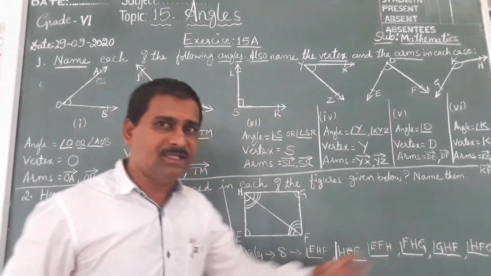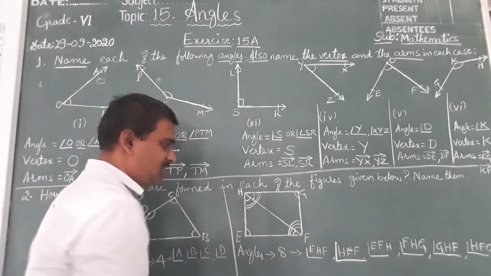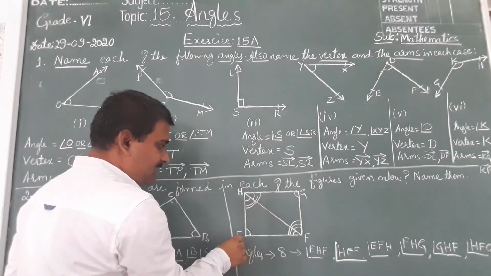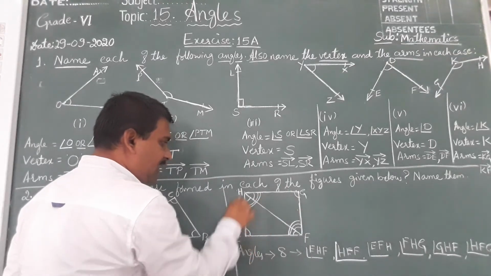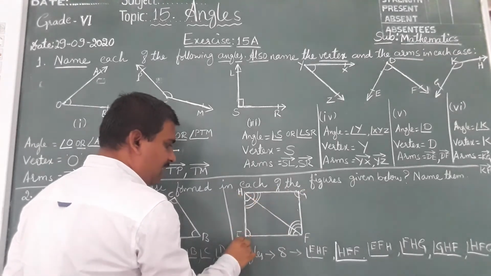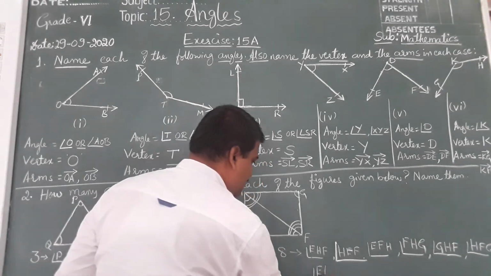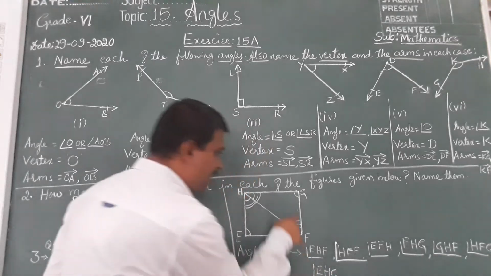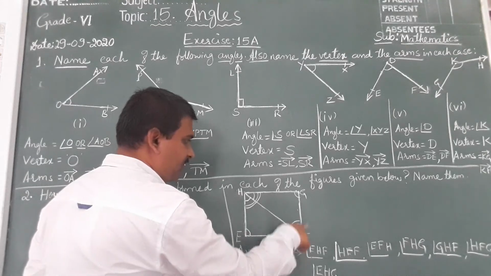Children, 6 angles I have written. 3 angles from this triangle and 3 angles from that triangle. And 2 more big angles we will get, as I said, that is EHG, this full complete angle, EHG or GHE. One more angle is here, EFG.